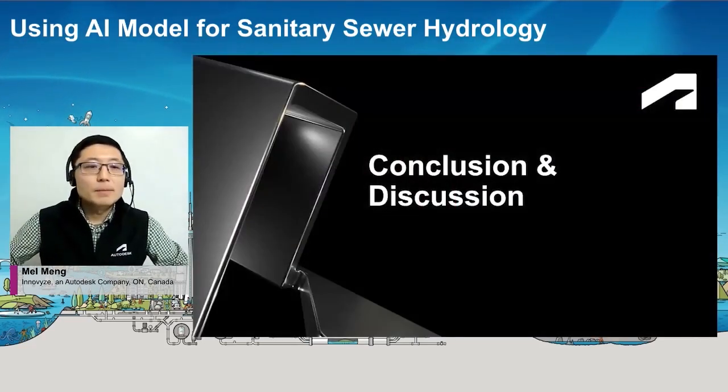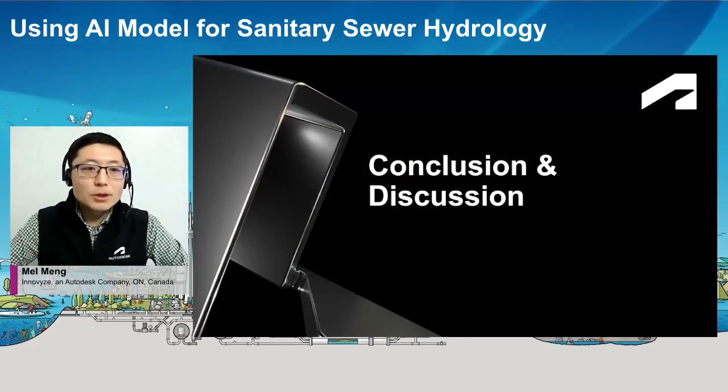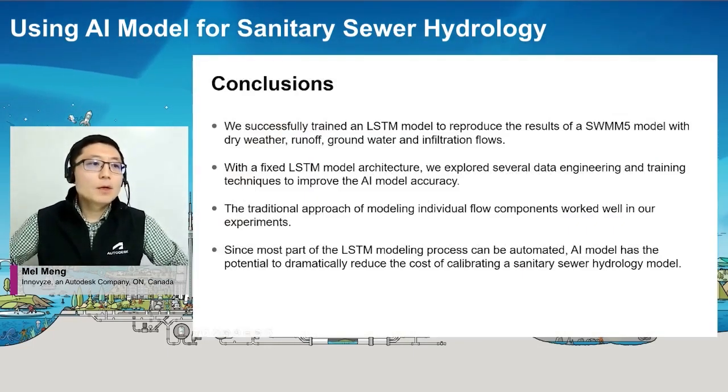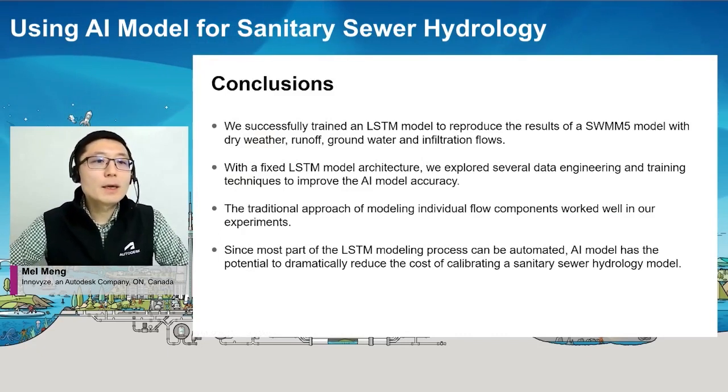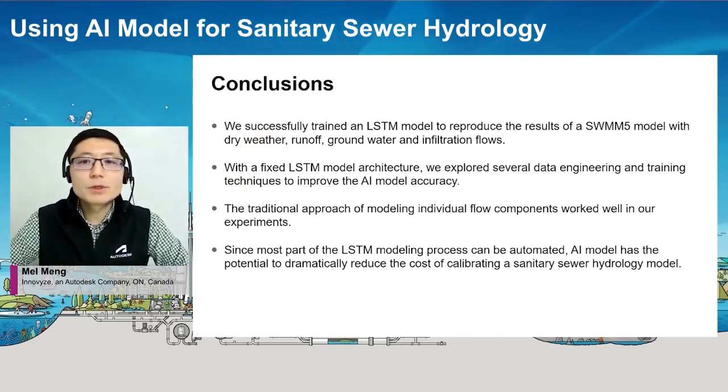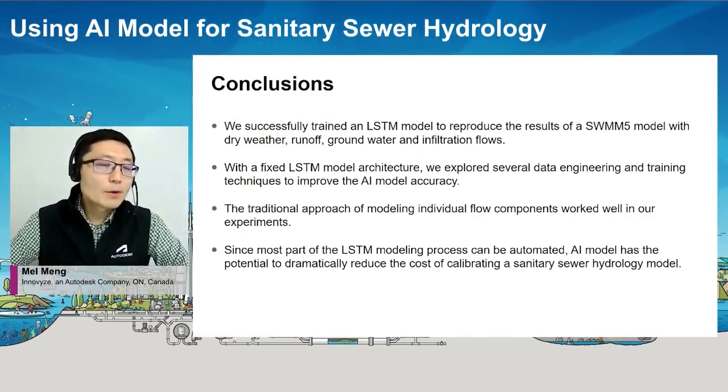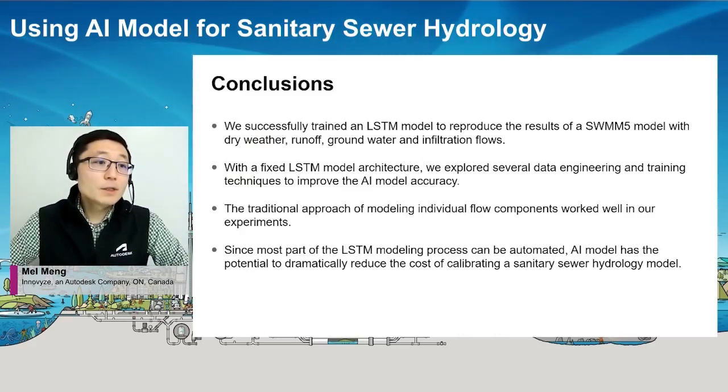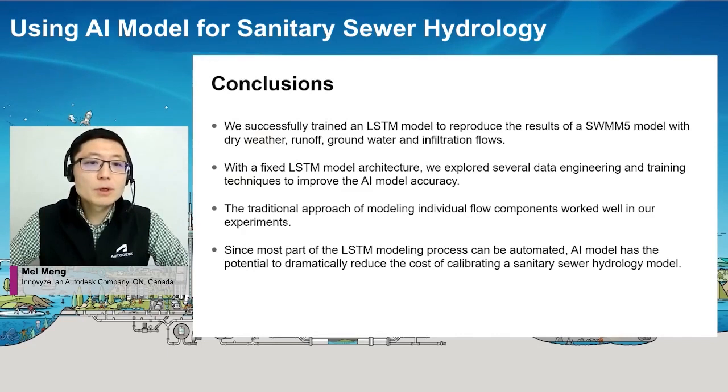Okay. At the end, I would like to share some conclusions and discussions. As you can see, we successfully trained an LSTM model to reproduce the results of an ICM model with dry weather runoff, groundwater, and infiltration flows. And with a fixed LSTM model architecture, we explored several data engineering and training techniques to improve the AI model accuracy.